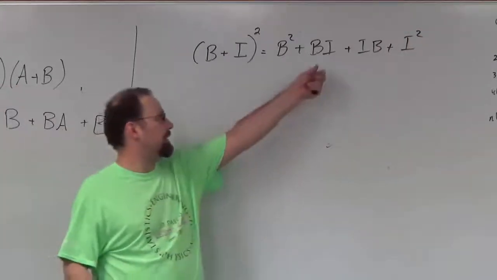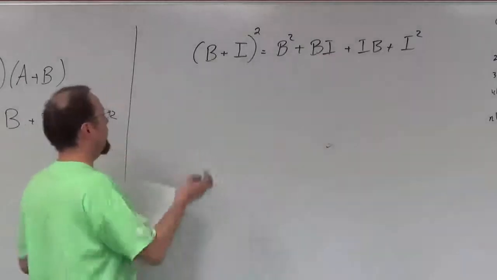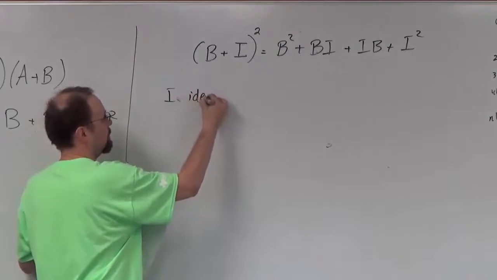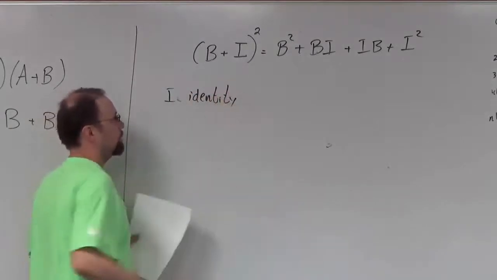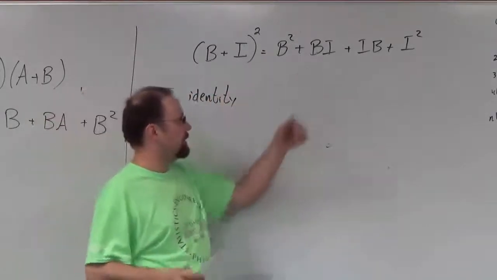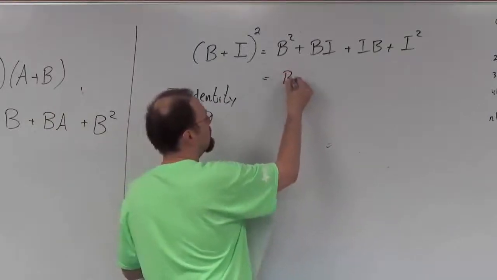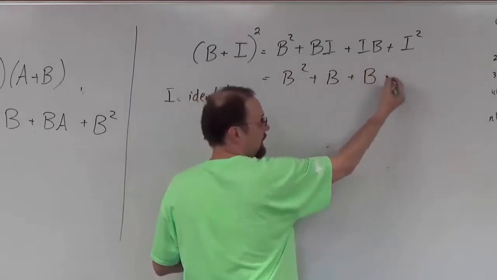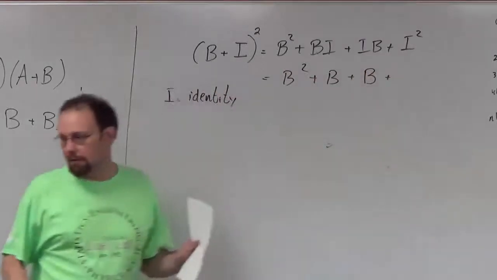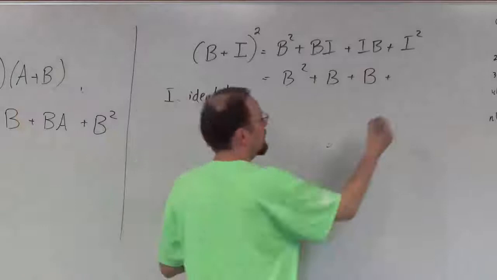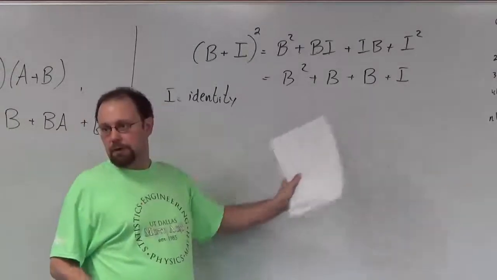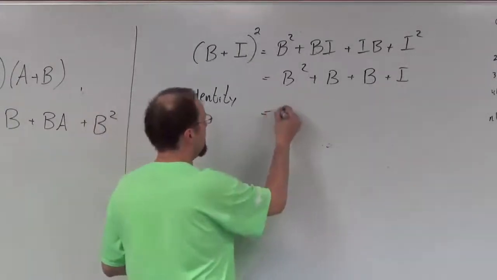Identity is special, right? I is the identity matrix, because identity times any matrix is equal to itself. You have B times I is B, I times B is B, and then I squared is I, since identity times identity is itself. So now we can combine these two matrices. You can write that as 2 times B.